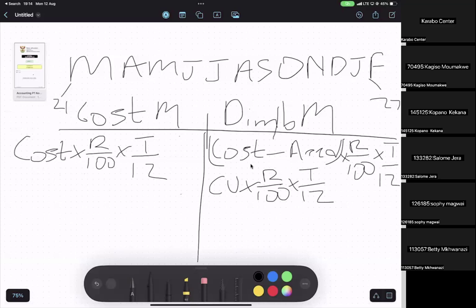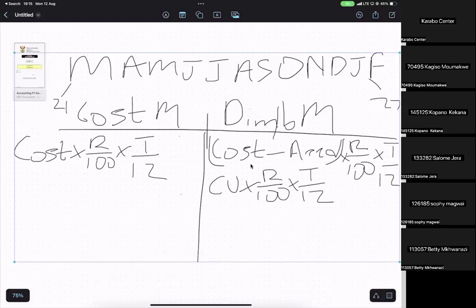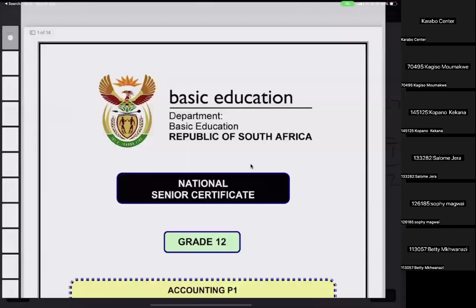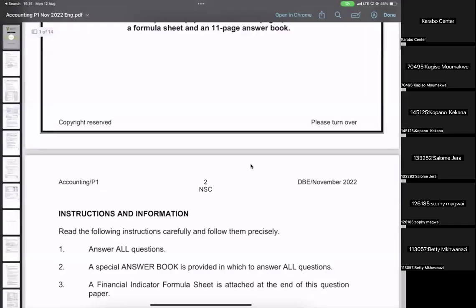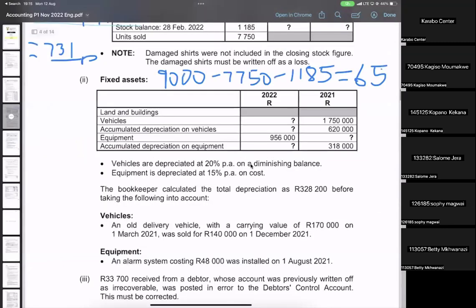So let's go back to the transaction and read again what they want from us. They say, number one, vehicles are depreciated at 20% per annum on diminishing balance method.